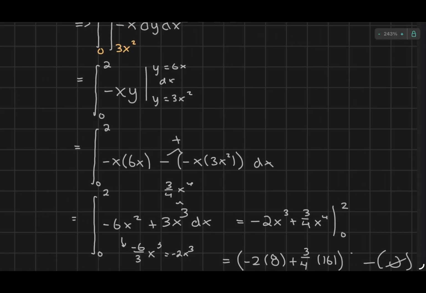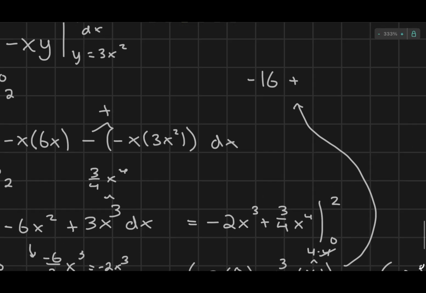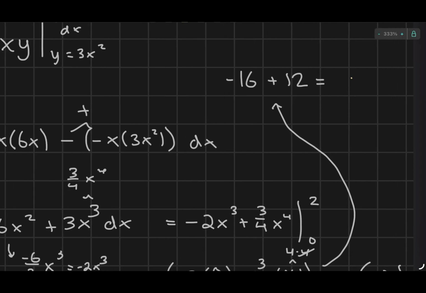Our final answer here is going to be negative 2 times 8, plus 3/4 times 16. Let's divide that 16 up into 4 times 4. Therefore, one of those is going to cancel, so then this should just be 12. So our final answer here is going to be negative 16 plus 12, which is pretty simply negative 4.